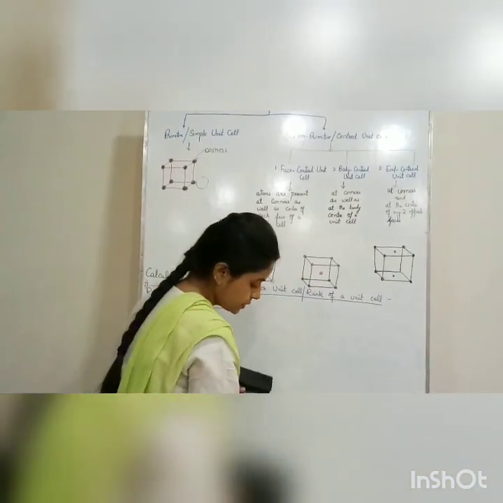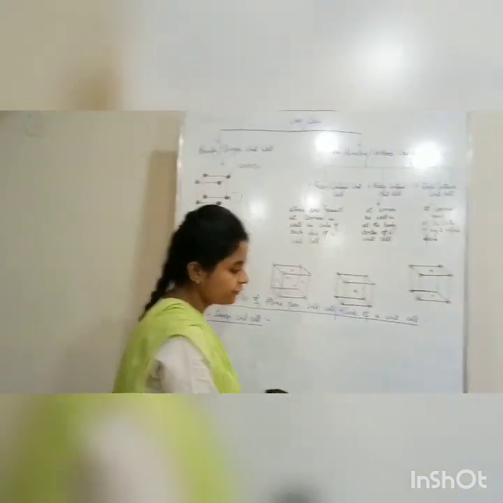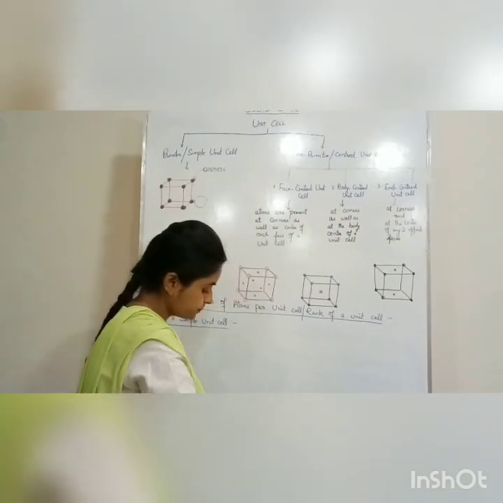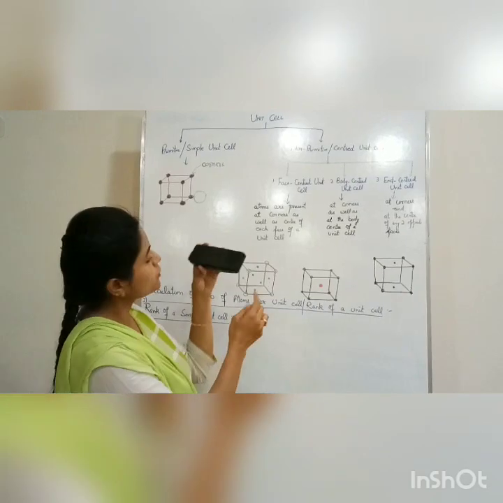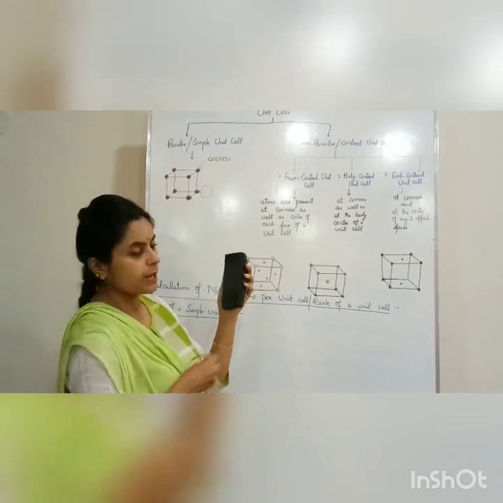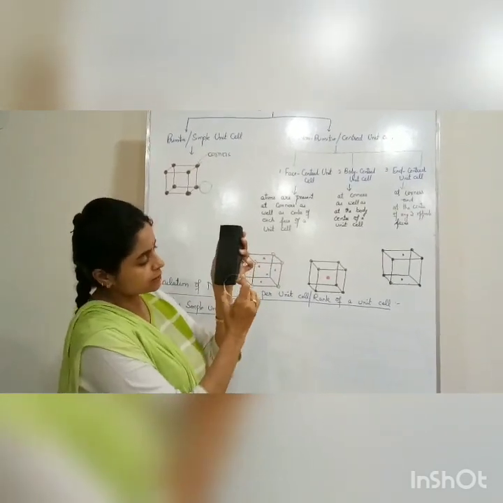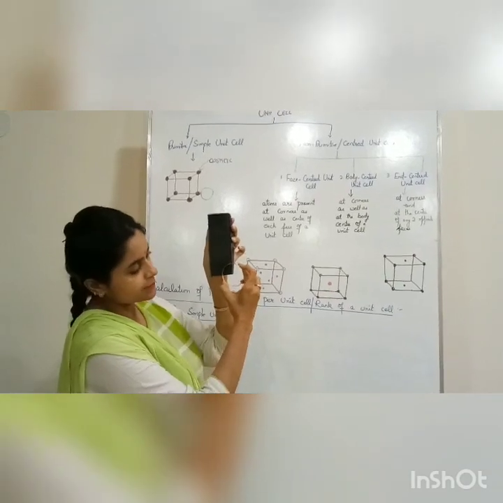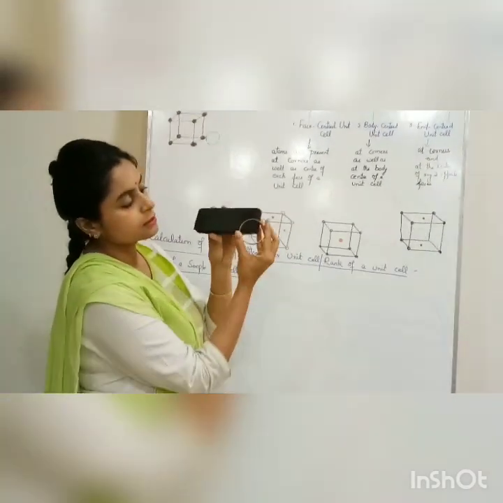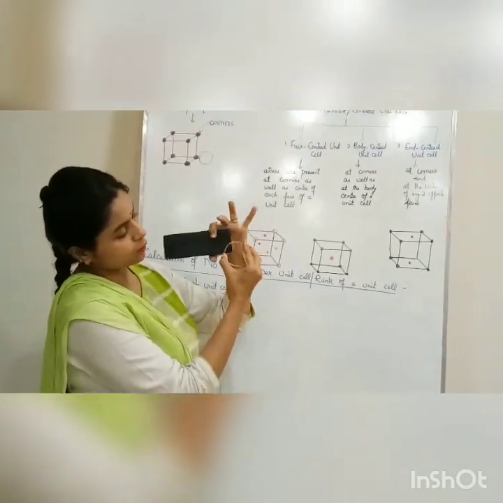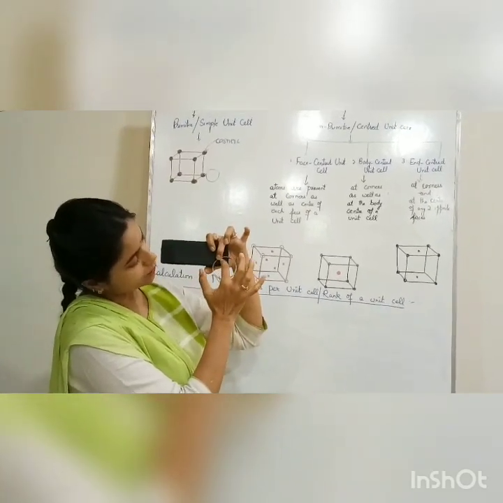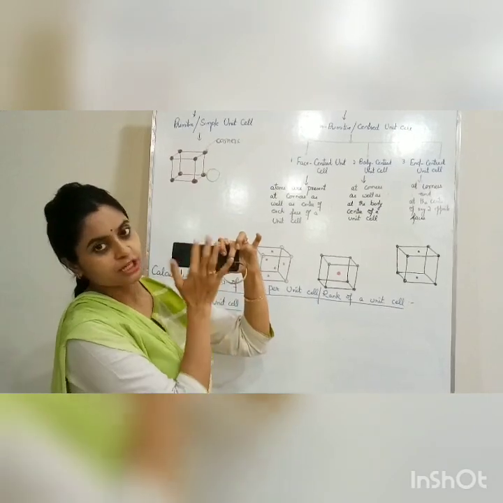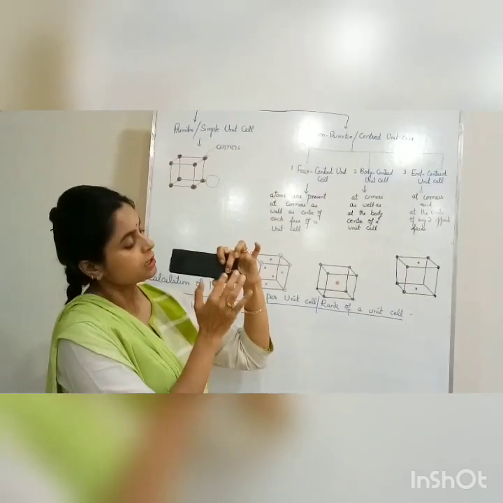Suppose this is the unit cell, and an atom is present at the corner like this. Atom is a sphere and it is present at the corner. So you observe that only this much part of the sphere belongs to a single unit cell.